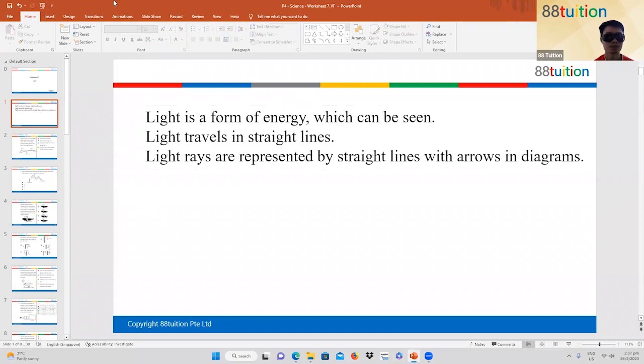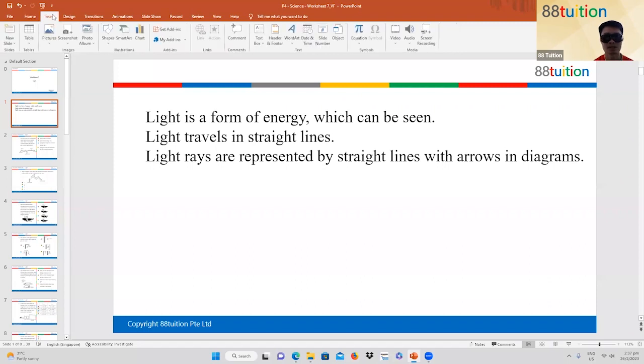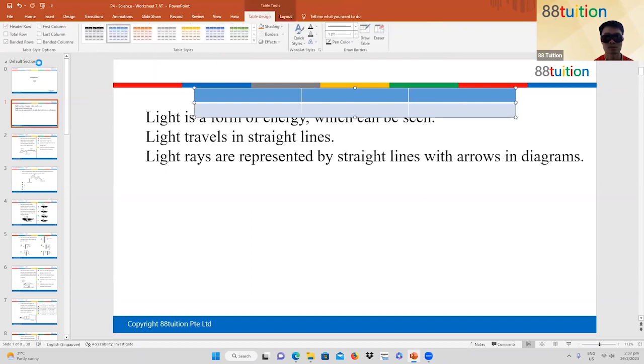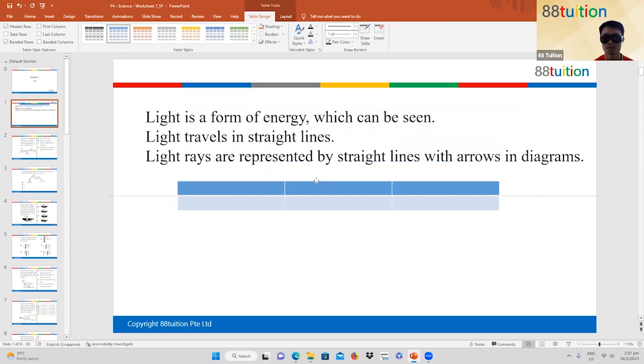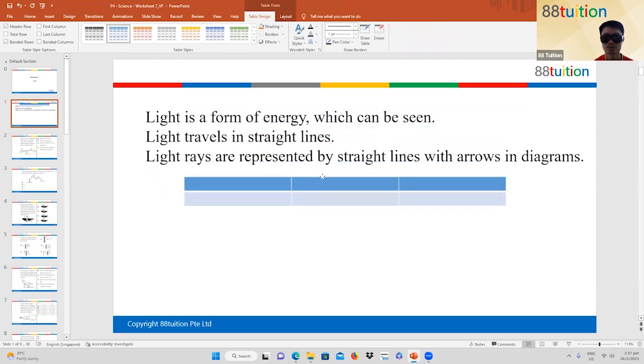And today we're going to study how materials can be classified according to the amount of light that can pass through these materials. All right. So let me just put this table here. Okay, there are many ways.